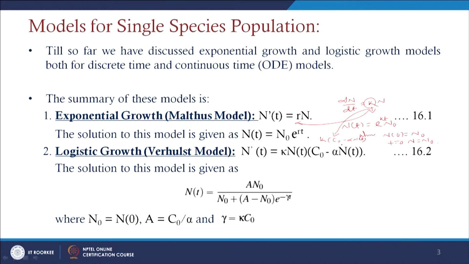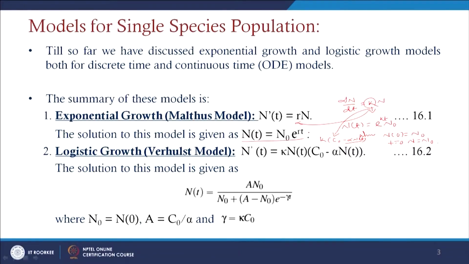This alpha N(t) is nothing but the restriction factor, which is opposing the growth rate of the population size, and many factors can come to the picture here.